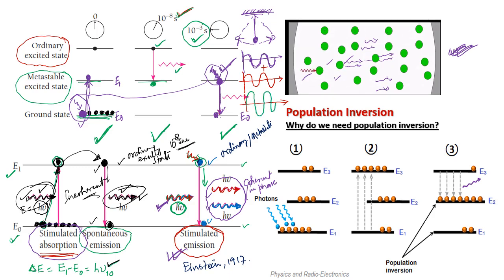So if the period of the force is exactly in phase with the pendulum swings, the amplitude of the swing increases. This corresponds to the stimulated absorption. That means it absorbs and goes to the upper level.